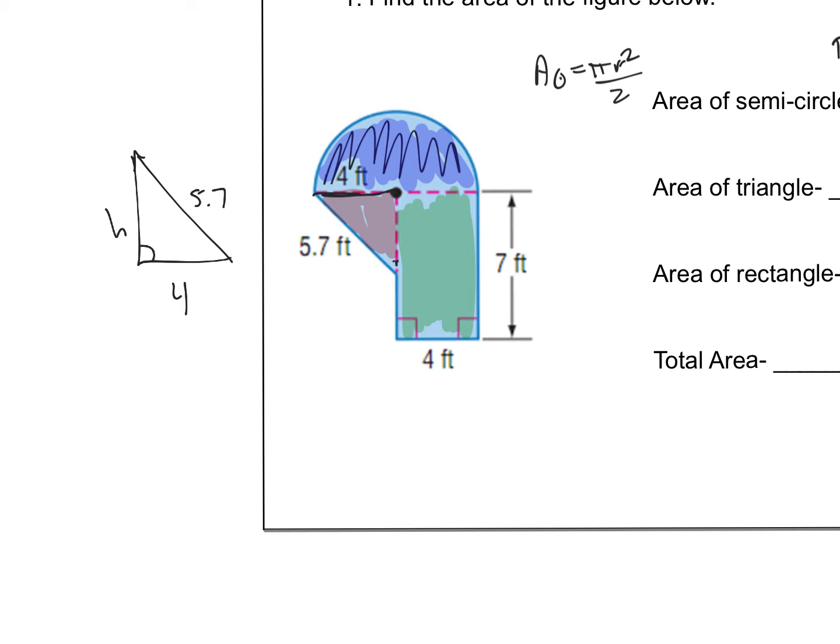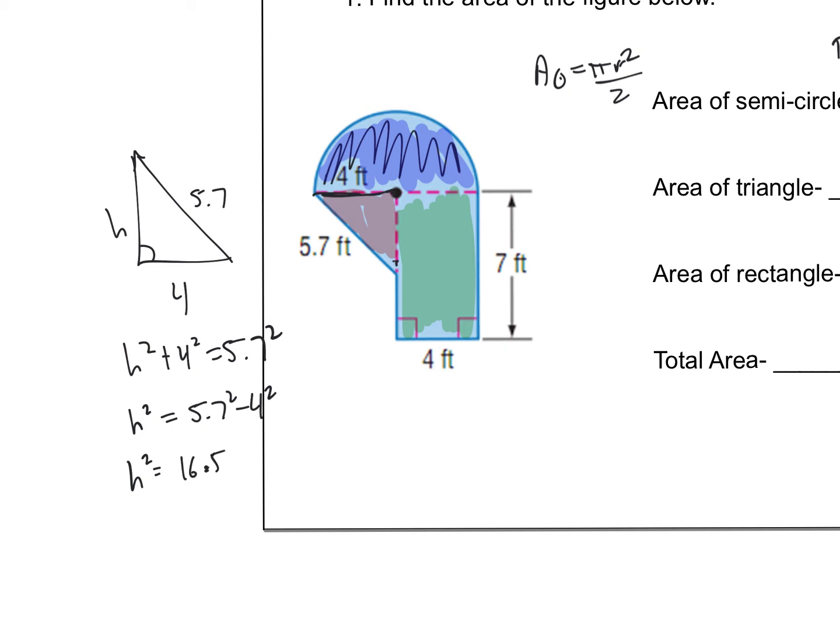So we might have to do some Pythagorean theorem. Okay, remember that old thing. That thing never goes away. So h squared, I think that we're going to have to do that. I don't think that's 4. I think I might have misspoke. So h squared equals 5.7 squared minus 4 squared. So h squared equals 16.5.